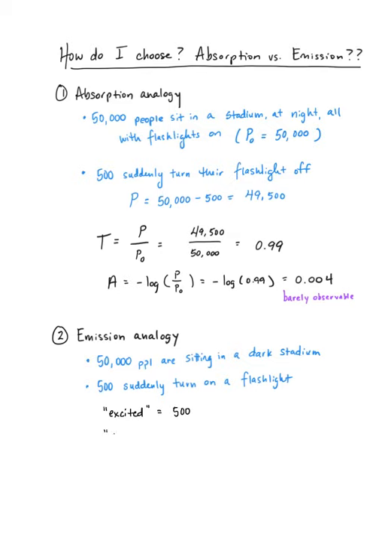Our ground population, or lights that aren't shining, is what's left over, 49,500. The ratio of the number of excited states to the number of ground states is 500 over 49,500. That's approximately 1%.